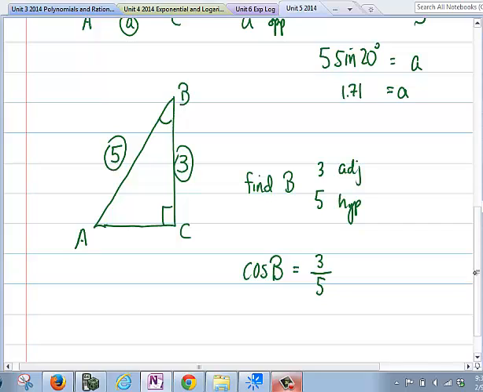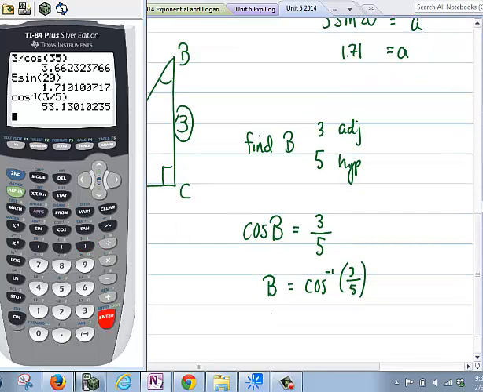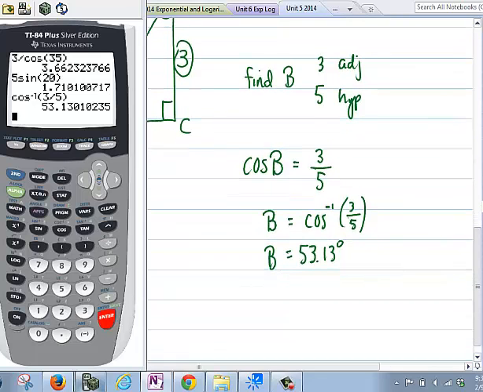And this is a real easy problem to solve because if you know the cosine of angle B is equal to 3 over 5, then you have to just use inverse trig of 3 over 5. And then you go to your calculator, you use inverse cos of 3 divided by 5, and the calculator tells you that angle B is equal to 53.13 degrees. Please round all angles to 2 decimal places.